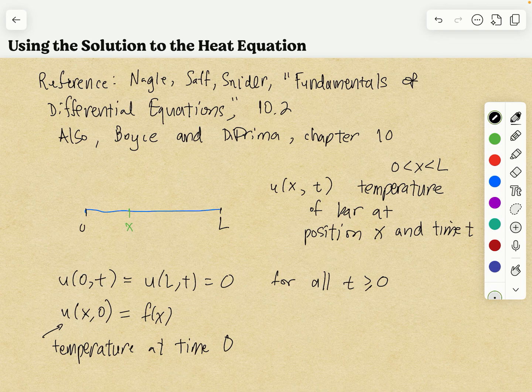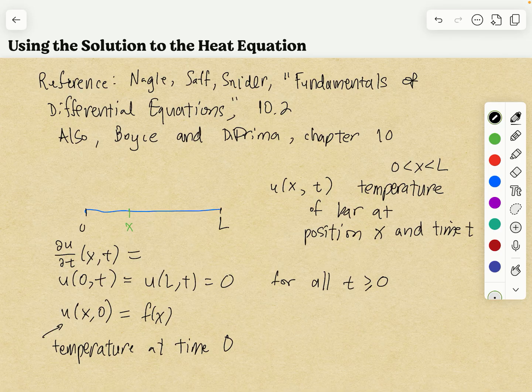The equation for the heat flow is partial u partial t. So this is the partial derivative with respect to time. Well, when you take a function of x and t and take the partial derivative with respect to t, the result is also a function of x and t.